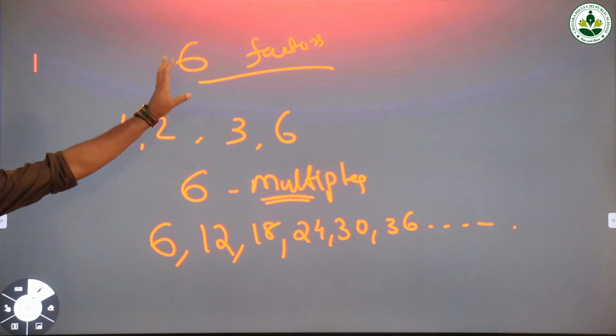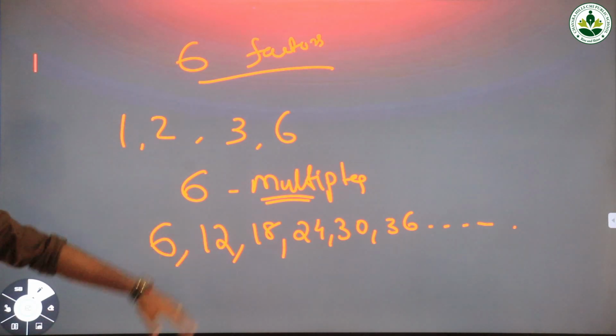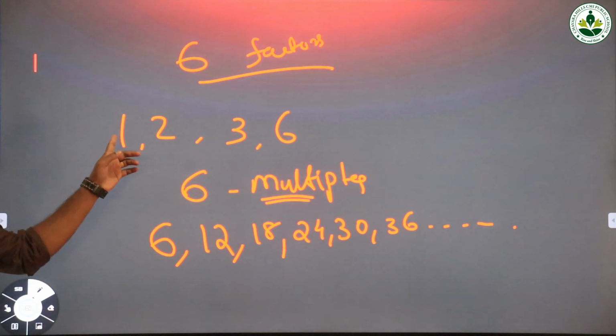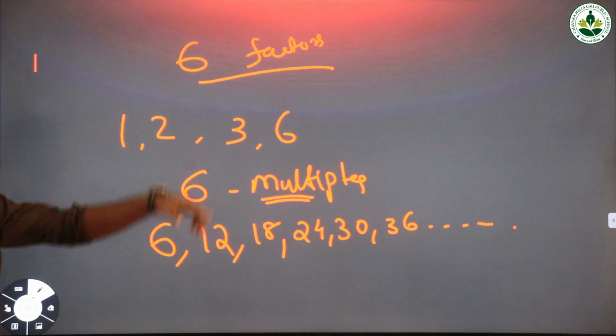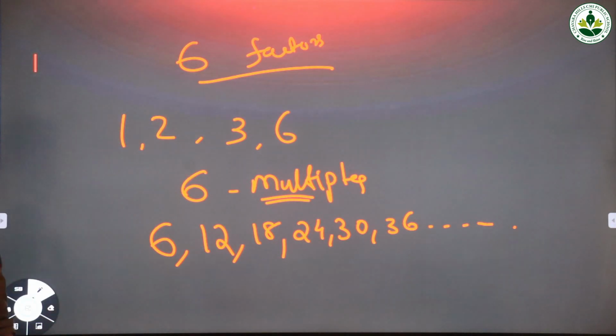First one is factors, second one is multiples. 1, 2, 3, 6 are the factors of 6. These are the multiples. 6 is a multiple of 6, 12 is a multiple of 6, 18 is a multiple of 6, 24 is a multiple of 6.